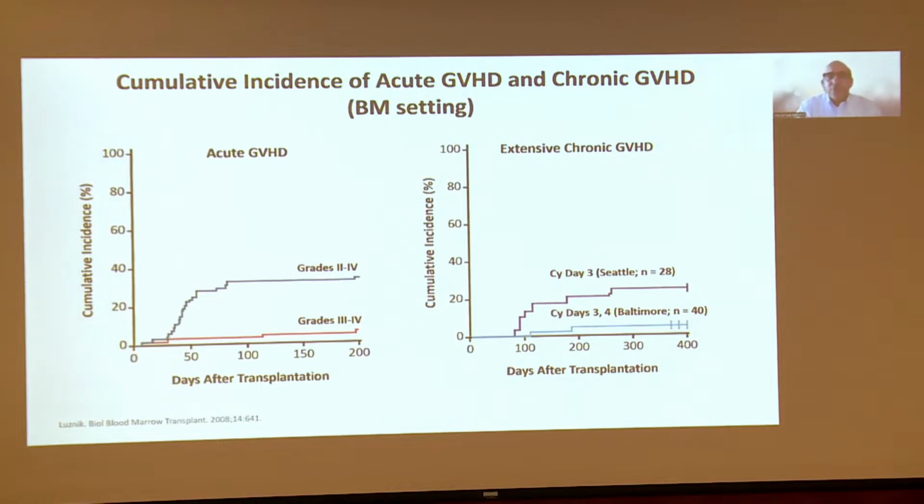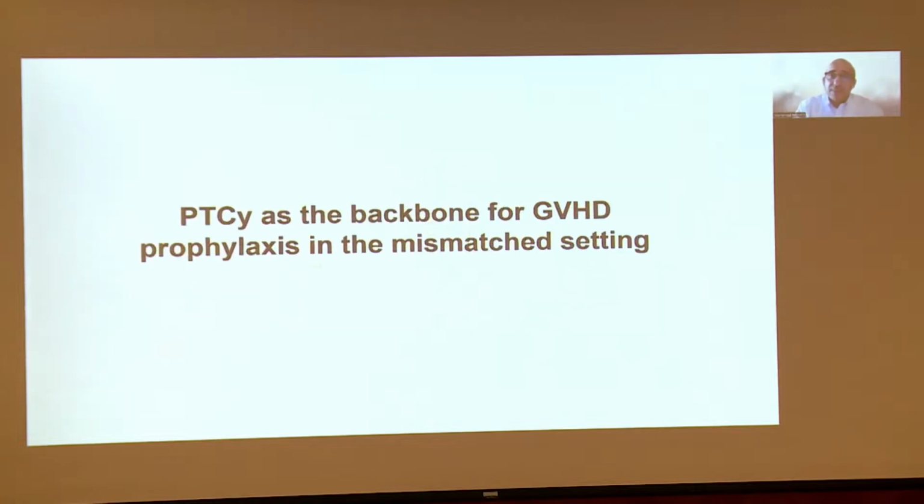Clearly, you have a significant control and decrease in the incidence of severe acute GVHD, but also in the incidence of extensive chronic GVHD. But this was in the bone marrow setting, bone marrow as a stem cell transplant source.